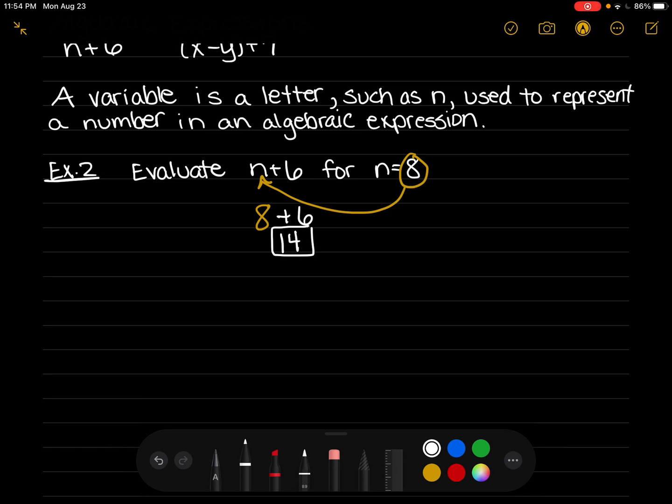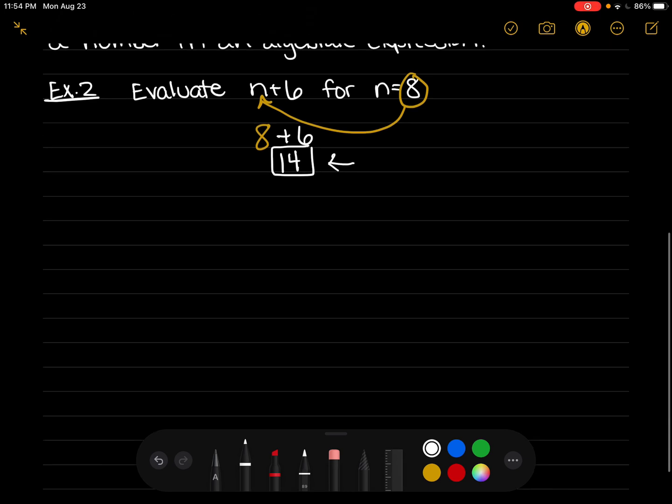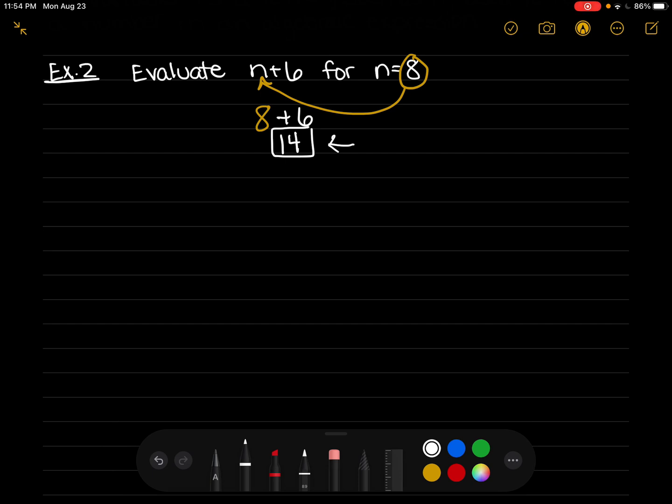If they say n is equal to a different number, then it's going to change this value, right? Okay, so let's look at one that maybe has more than one variable. Remember that n was the variable. That's what we call a variable because it can change. I could have said, what is this answer if n is equal to 6? Or what is it if n is equal to 100?